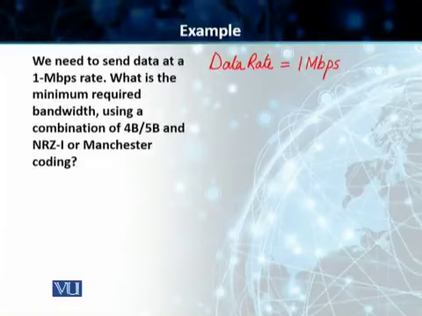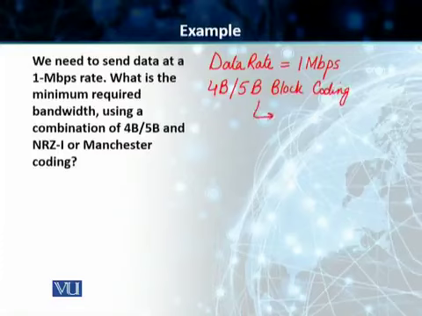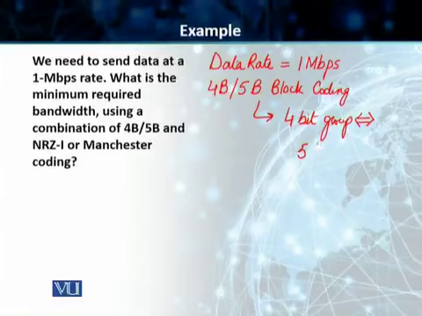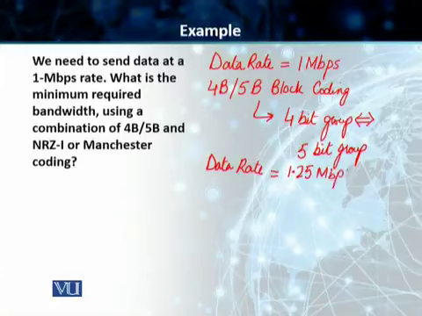Now, students, straight away, because we are deploying 4B/5B block coding scheme, this essentially means that for every 4-bit group, we will replace that with a 5-bit group. हमारा data rate जो है, because of this, it will go up, and that will be 1.25 megabits per second.